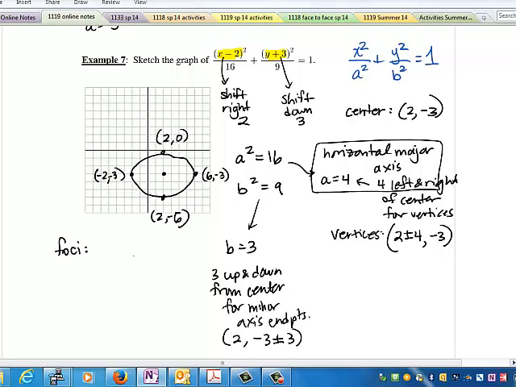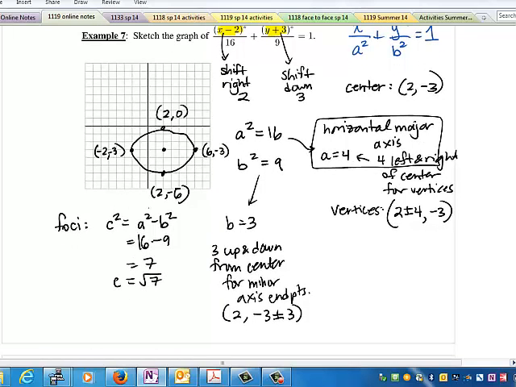They will be horizontally moved from the center because the major axis is horizontal, but we need to know what c is. C squared is always a squared minus b squared. In this case, that's 16 minus 9, so 7. So c is the square root of 7.